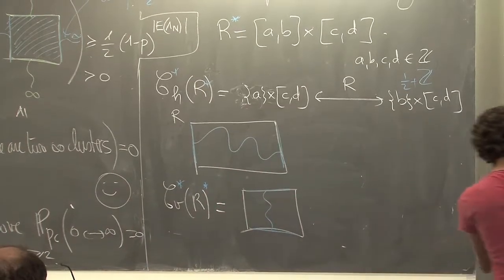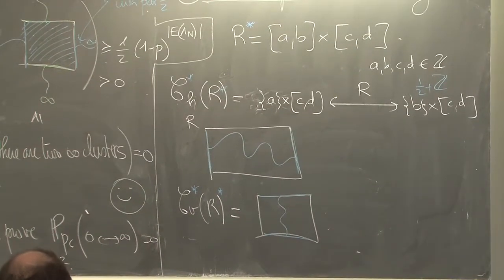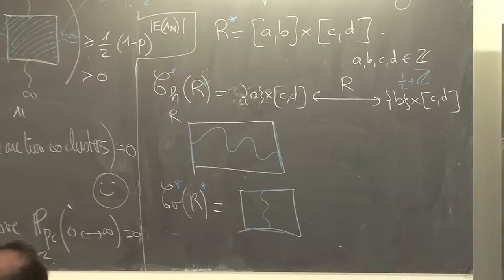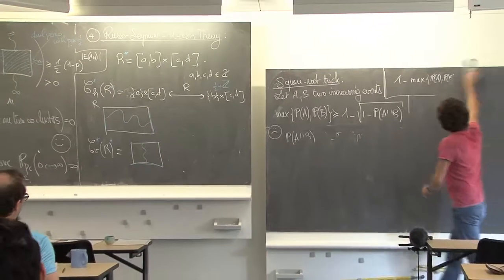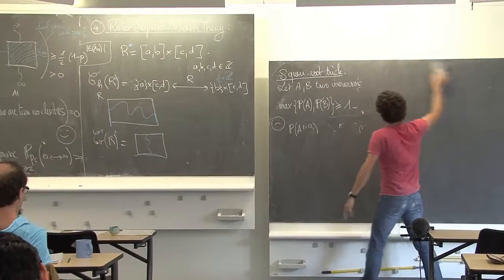So the Russo-Seymour-Welsh theorem, which is at the base of many, many results that we are going to get on the critical phase, is the following result.